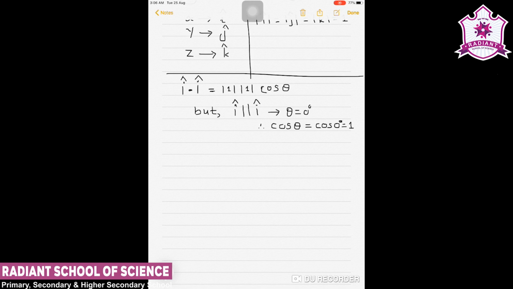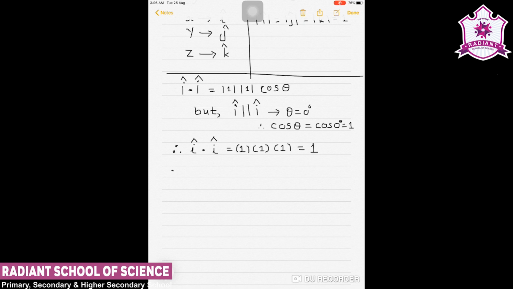So this is given by this formula, and therefore we can say that i cap dot i cap is equal to 1 into 1 into 1. That is, ultimately the answer will be 1.